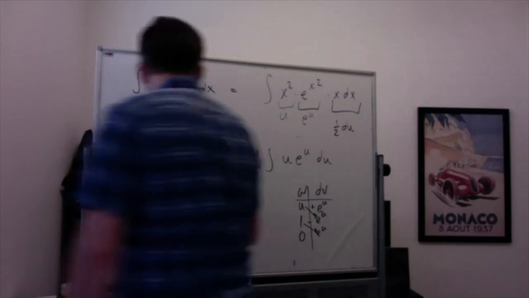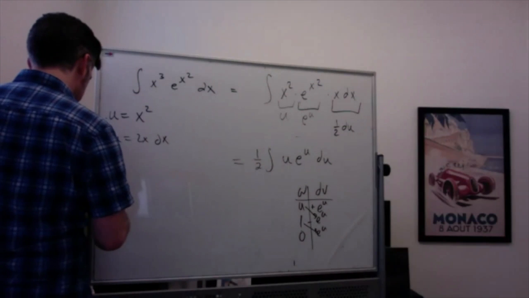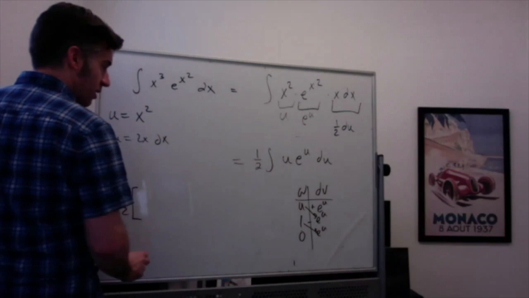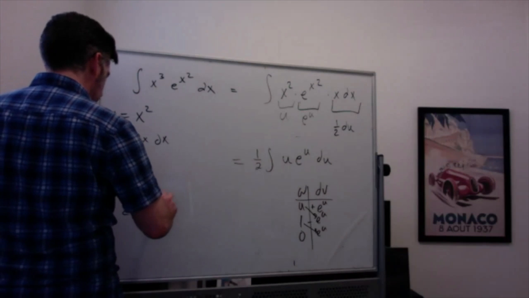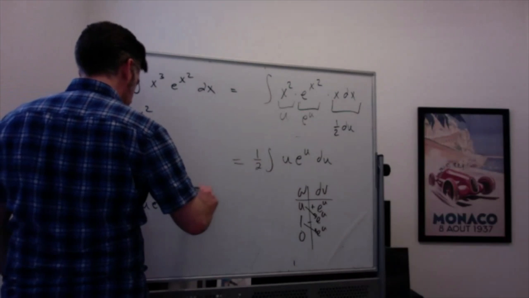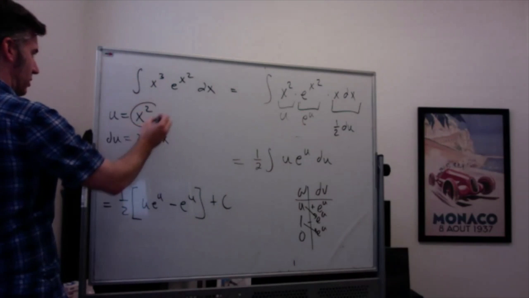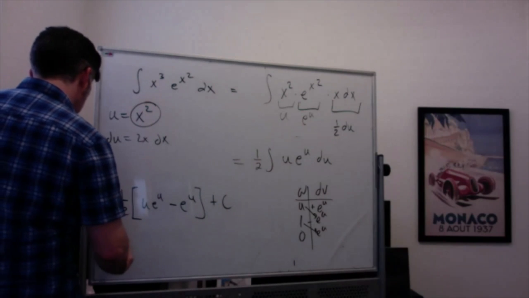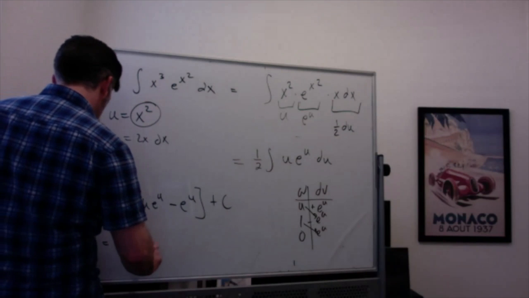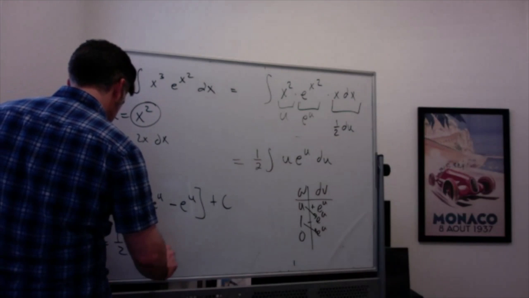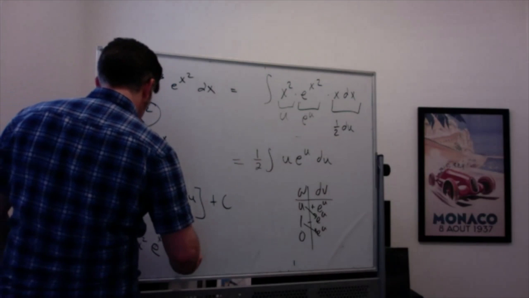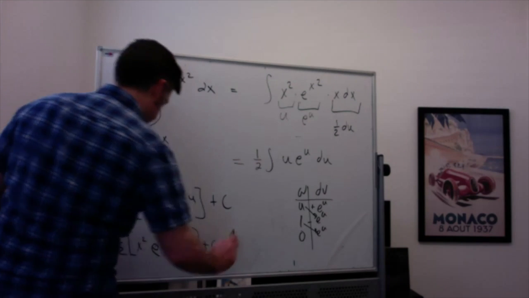So this is going to end up equaling 1/2 u e to the u minus e to the u. And then we plug back in that u is x squared. So this is really 1/2 x squared e to the x squared minus e to the x squared. Kind of neat.